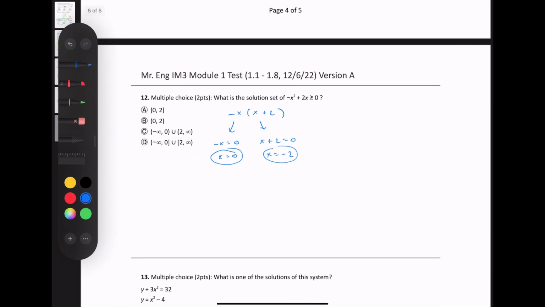So if I graph this, okay, I have these 2 points, and yeah, it goes down.